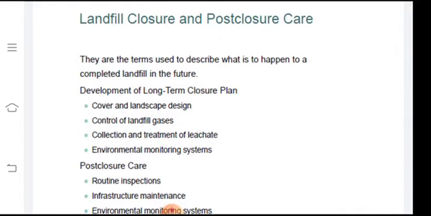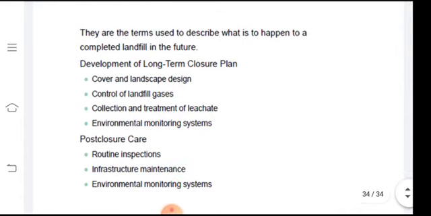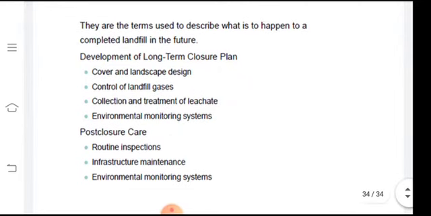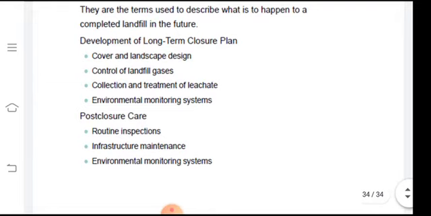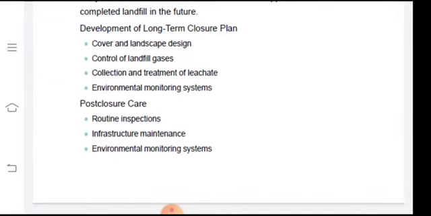It is also important because we must know what kind of utilization of this land is going to be done, and then development of a long term closure plan is required, control of landfill gases, collection and treatment of leachate, and an environmental monitoring system must be installed. Post closure is routine inspection, infrastructure maintenance, and environmental monitoring systems. These are the requirements after the landfill has been closed.